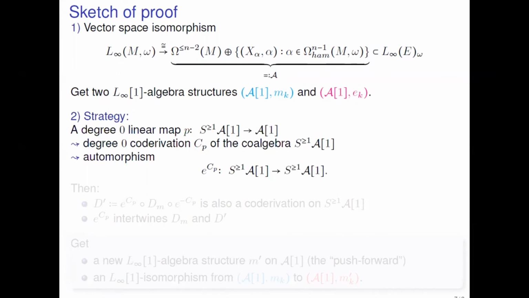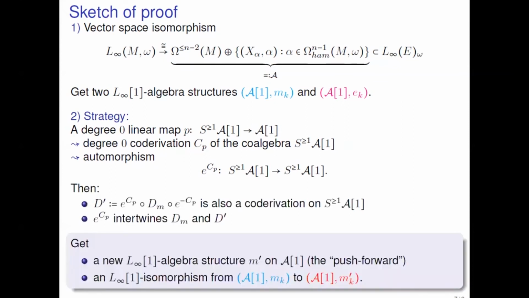And when you exponentiate the coderivation, you get an automorphism, exactly like for algebras, if you exponentiate a derivation, you get an automorphism of the algebra. Once you have an automorphism, you can do lots of things, because an L infinity algebra on A is the same thing as a coderivation here squaring to 0. So if you have an automorphism, you can take whatever objects you have on this side and take them to the other side to get an object with the same properties. So I take the coderivation encoding the L infinity algebra structure in observables, and I bring it to the other side.